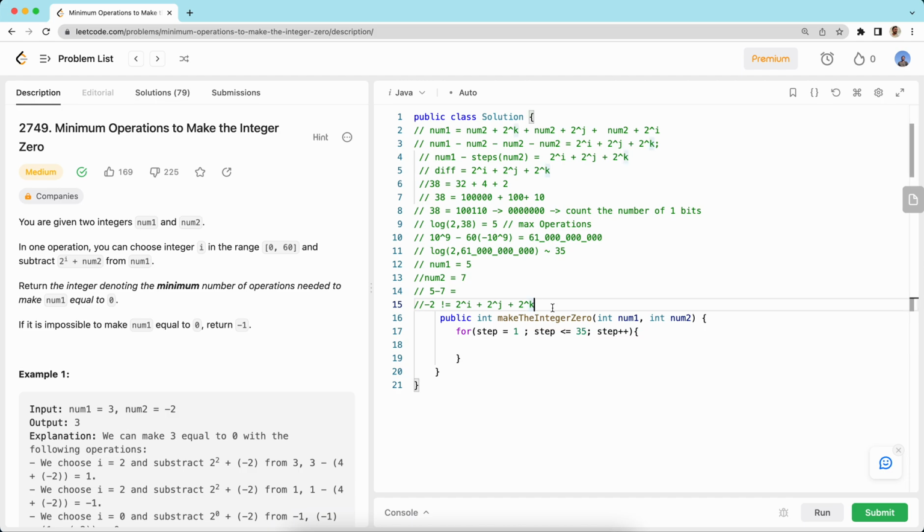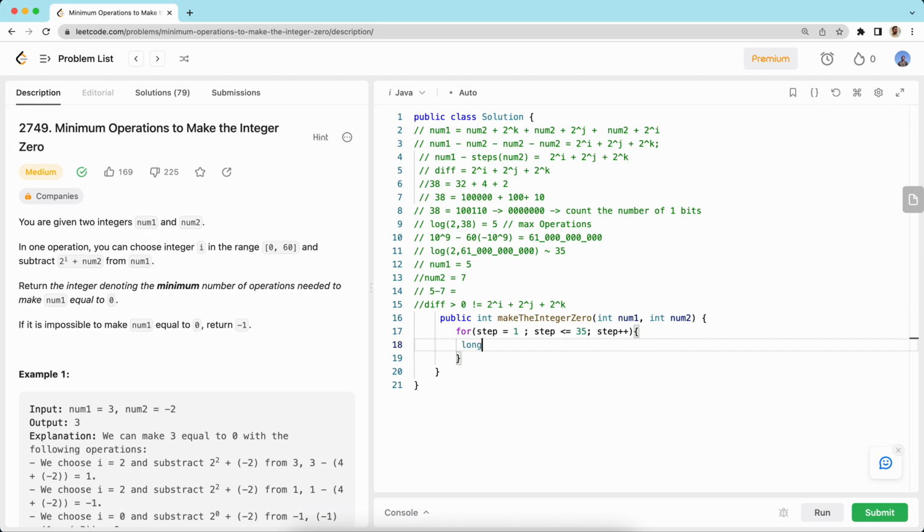The summation of positive numbers cannot lead to a negative number, so that means num2 should always be less than num1, only then it makes some sense. Or the difference should be greater than 0. Even 0 can't be depicted as a positive summation because 2 raised to power 0 is still 1, so we can't start with that. And so the difference should always be greater than 0. That's the condition that we have.